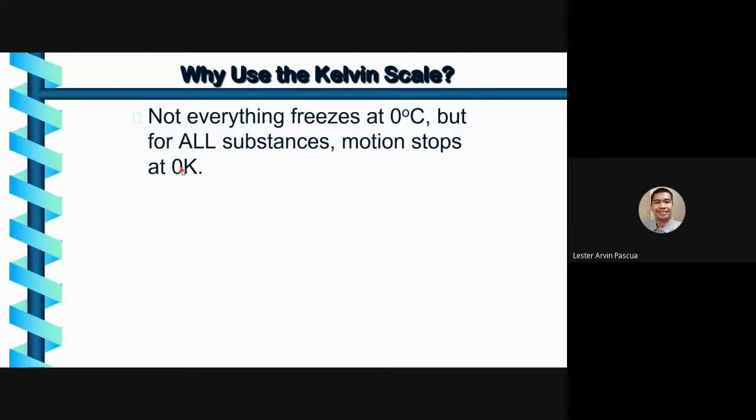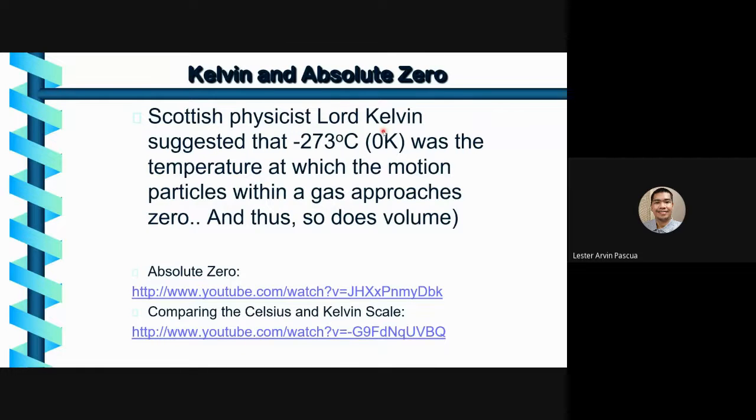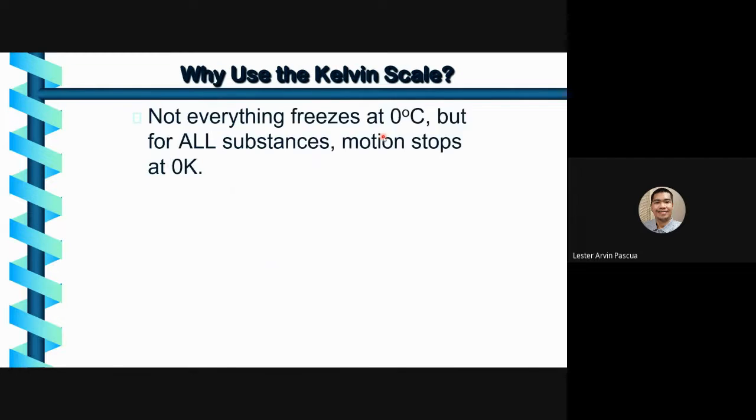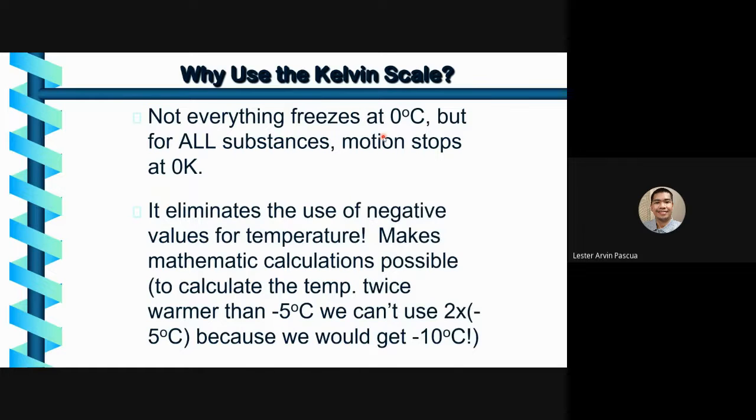So ano ba yung 0 Kelvin? If you convert Kelvin to Celsius, that's negative 273 degrees Celsius. So at negative 273 degrees Celsius, or what we call absolute zero, which is 0 Kelvin, all motion of all particles in the known universe will stop. Okay? But again, we've not reached that.